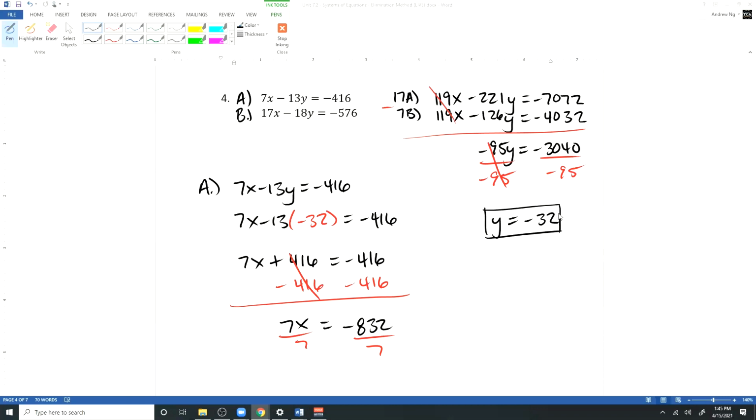Oh, hold on a second. Oh, this is positive 32. Sorry about that. So this should be positive 32. And when I do that, sorry about that, this will end up being negative 416. Seven x equals 0, so x equals 0.